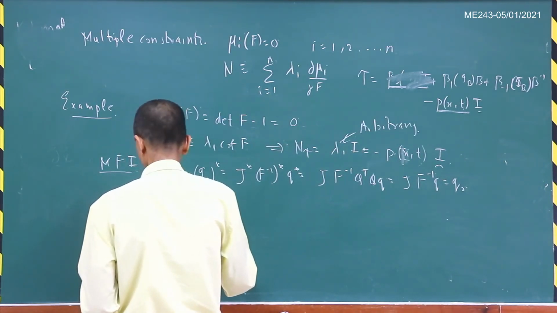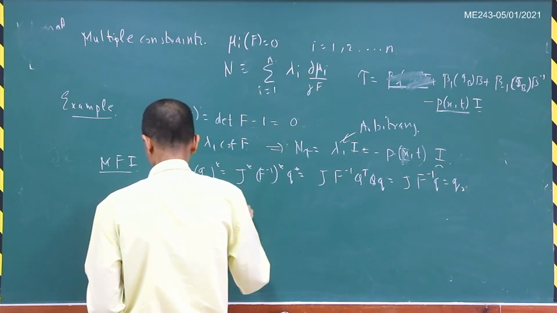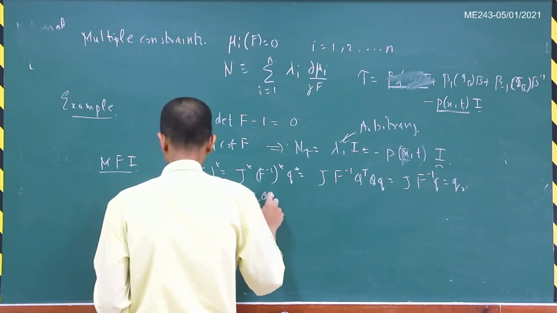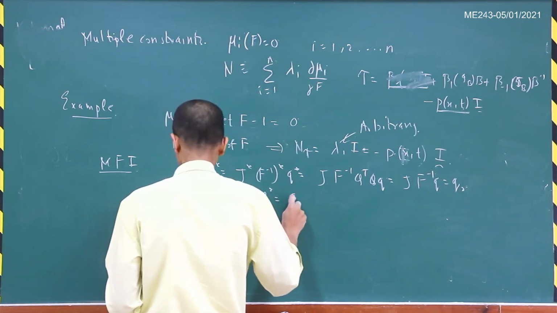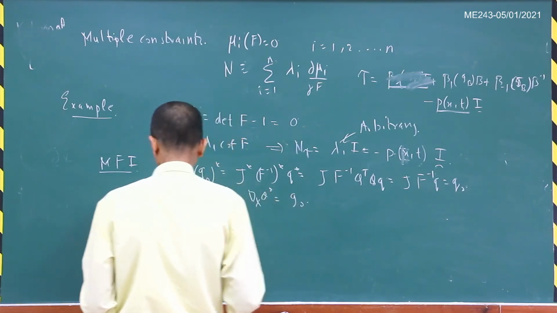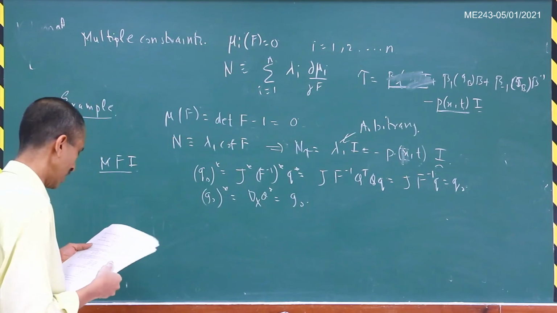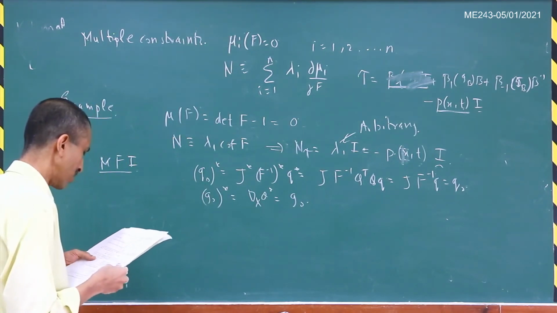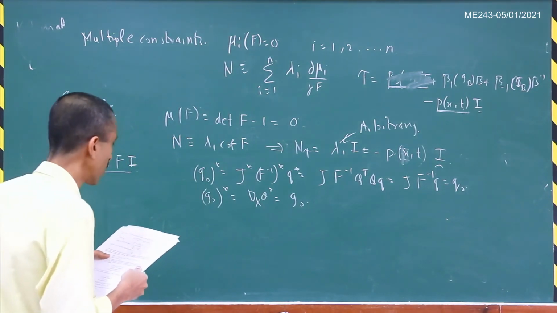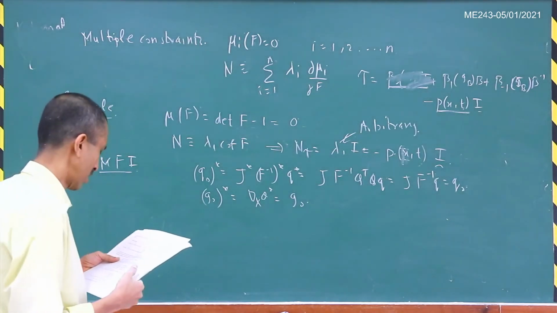Similarly, you have G naught star equal to del x of theta star, that is equal to G naught. So the temperature gradient is also the same as seen by both the observers. Fine. Now let us impose material frame indifference.